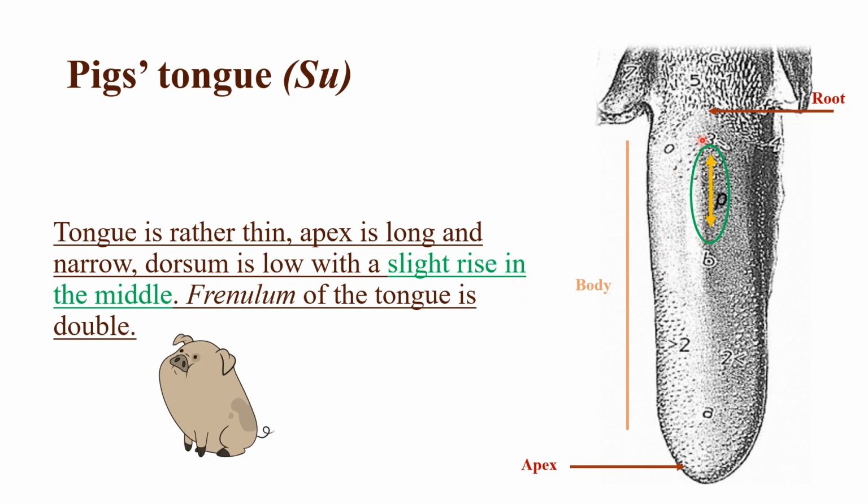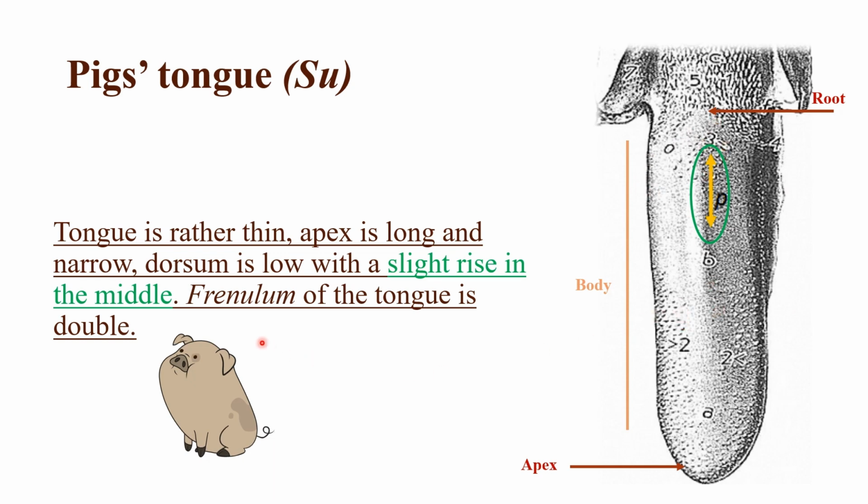So you would have like a mountain range on top of the dorsum of the tongue, basically in the middle. So while the tongue is thin, we have this little elevation, but not like on the bovine or equine tongue. We don't have a whole raised dorsum, just this little part right here.